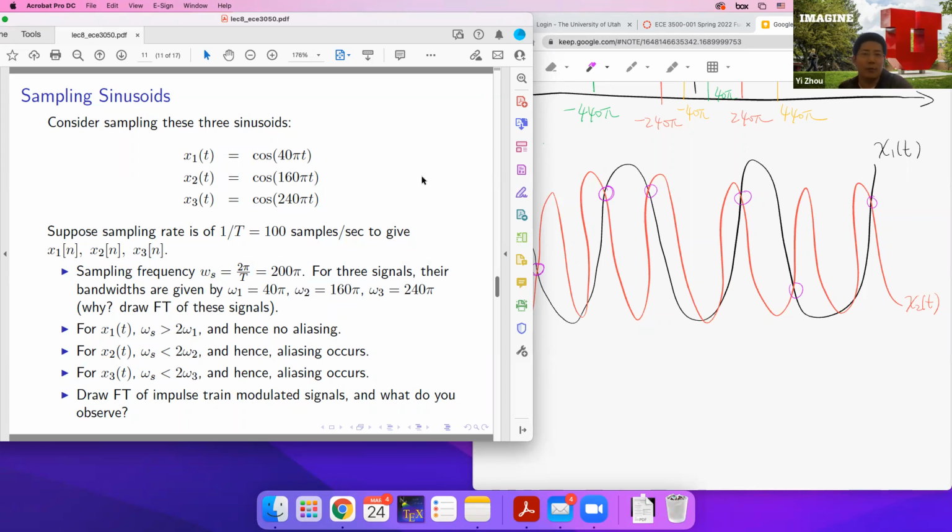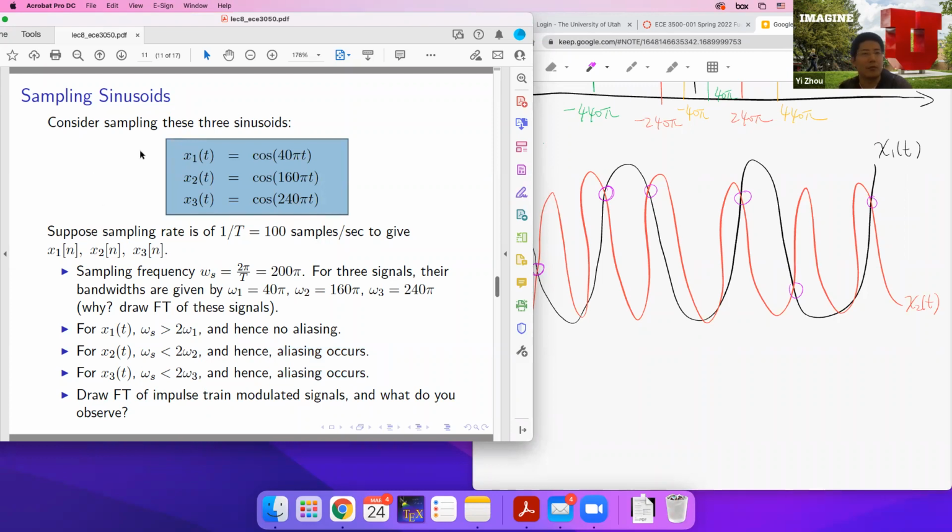Okay, so this example shows that, first of all, we verify the Nyquist rate. If the Nyquist criterion is not satisfied, then the spectrum will have aliasing. And it also tells us that for a given discrete sequence, you can always have multiple candidate signals that interpolate among those points.